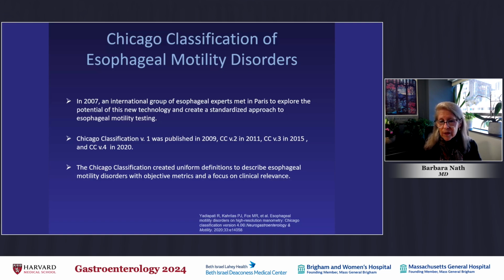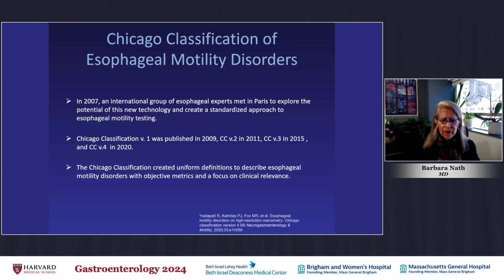Their work resulted in the first Chicago classification in 2009, and since then there have been 3 updates based on input from people all over the world using the system and fine-tuning the significance of the findings. And we are now in the Chicago version 4 era.